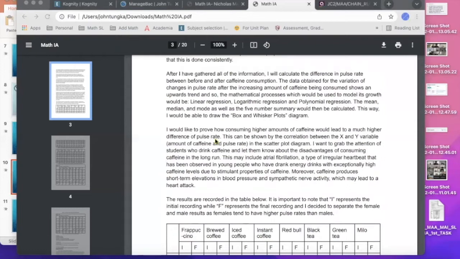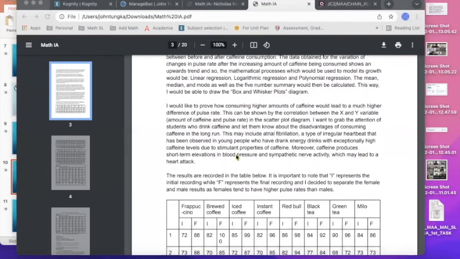The correlation between the amount of coffee and pulse rate, and how an increase in the amount of caffeine consumed may increase the pulse rate. Is that all? Yeah. If only correlation, it will not be enough at the AA level or AASL level. But looking at your work, I think what you're doing is mathematical modeling.